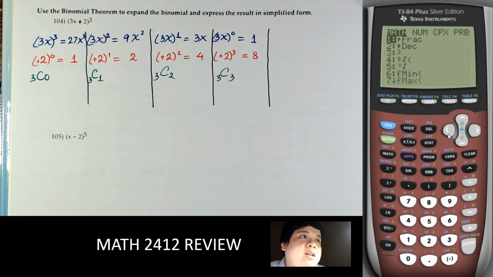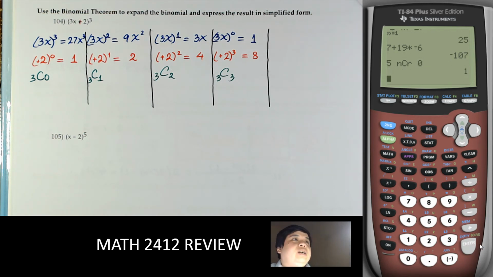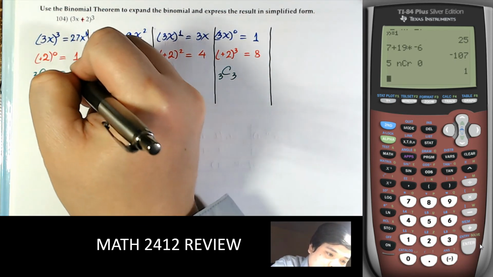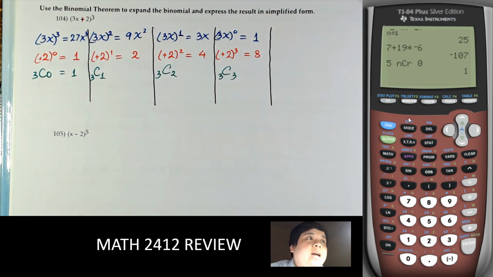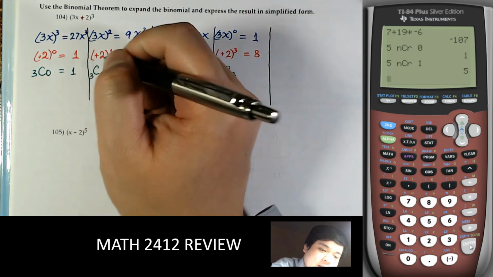Right, calculator. So that is actually the combination. If we hit math, go to the probability tab, option number 3, combination. We need to hit 3 first, nCr, and 0. That gives us 1. Then go up, highlight that, change the 0 to 1.